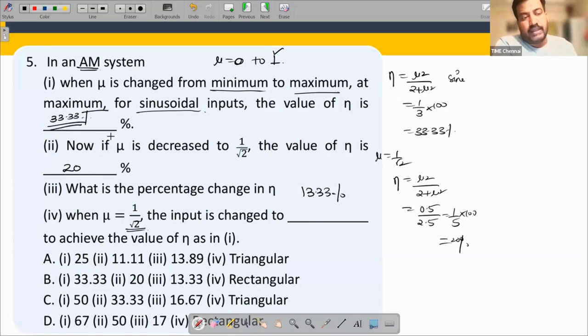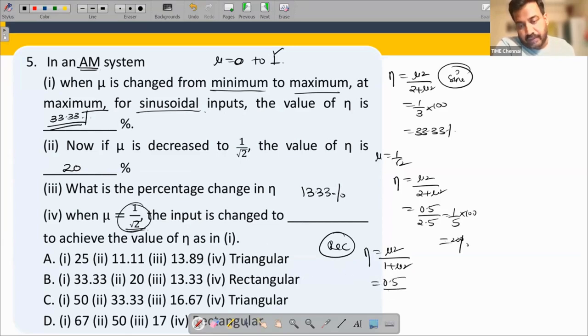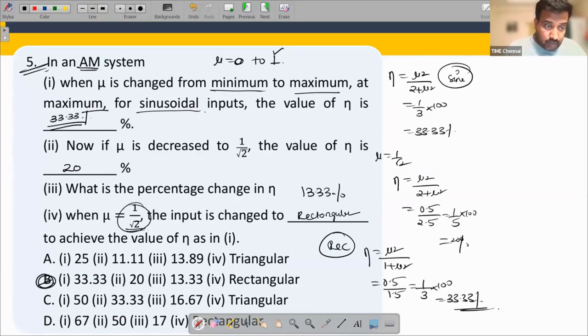If I want to achieve 33.33%, I must change the input from sinusoidal to rectangular, so that eta is mu square by 1 plus mu square, 0.5 by 1.5, that's 1 by 3 into 100. You'll get 33.33% again. So the input must be changed to rectangular input to get the same answer. Therefore, option B is the answer.